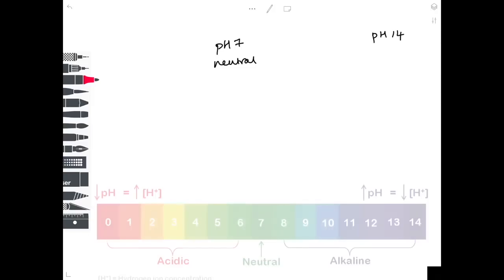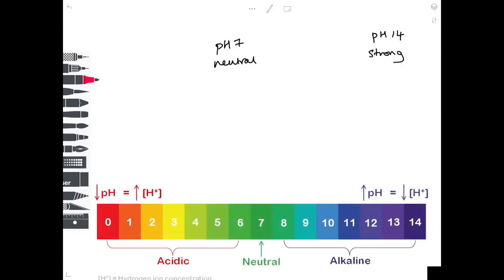So we've talked a lot about pHs. Let's quickly chat about it more. The pH of 7, as I've already said, is neutral. A pH of 14, which is one end of the pH scale, will be a very strong alkali or base.